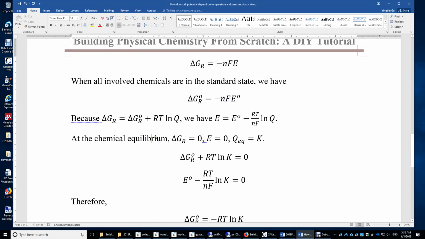At a chemical equilibrium, the Gibbs energy of reaction is 0, and the cell potential is 0. The reaction quotient at equilibrium is called the equilibrium constant K. And then we have this equation to relate the equilibrium constant and the standard Gibbs energy of reaction.